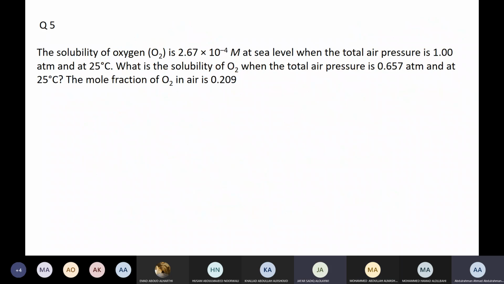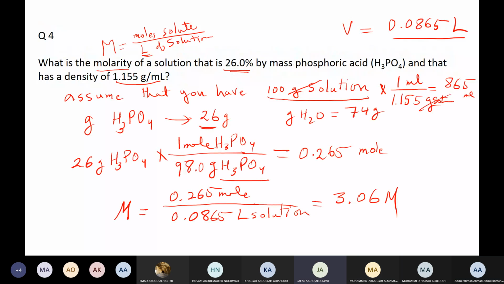Easy. Sir, always we assume the total mass 100 if you have a percentage.